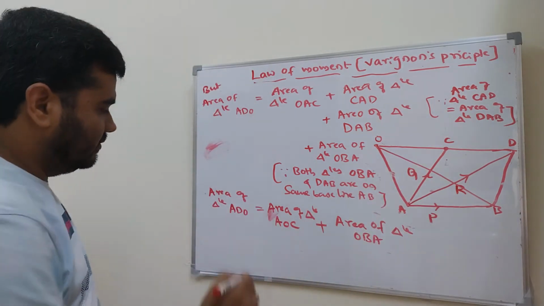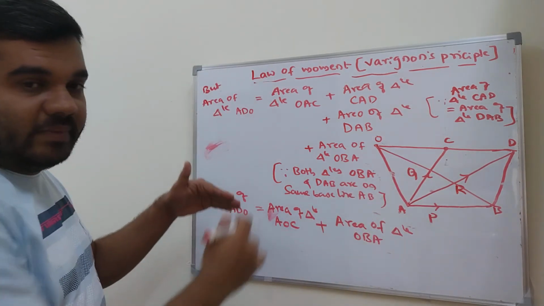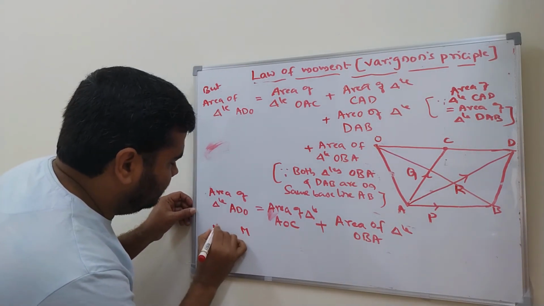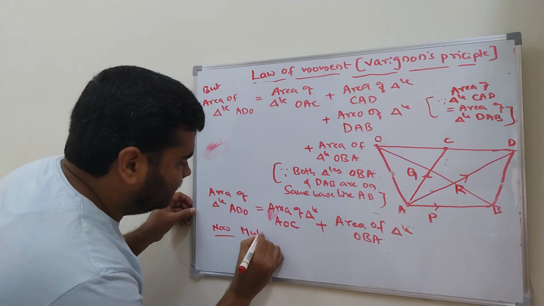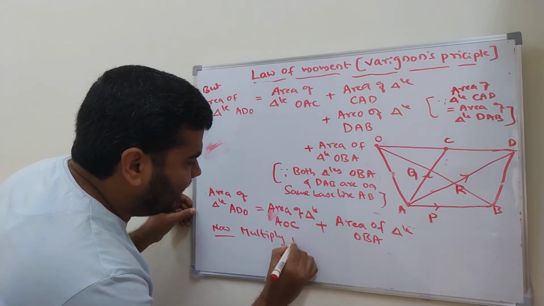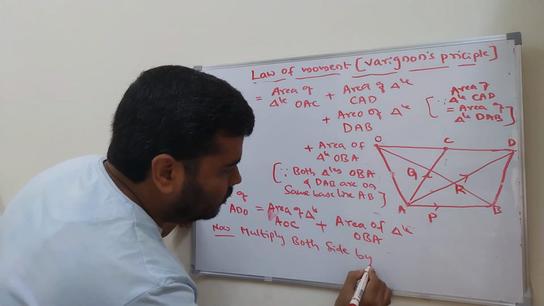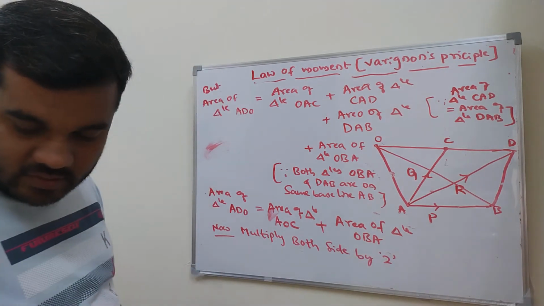Right? Okay, now just multiply both sides by 2, by a factor of 2. What will you get here?